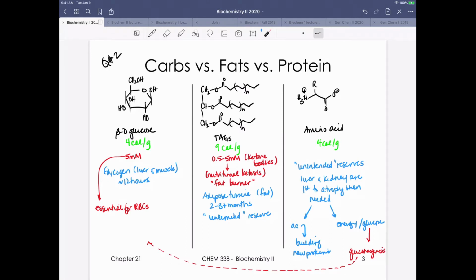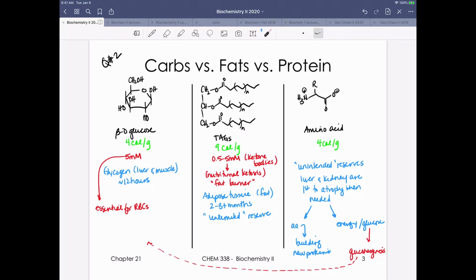And again, looking at proteins, this rounds out the three main macromolecules that we see in our diet. Even though we did a good bit of comparing and contrasting glucose and fatty acids and triglycerides in our last chapter, we bring in amino acids in this chapter, reminding ourselves that from a caloric standpoint, they're worth the same as carbohydrates.